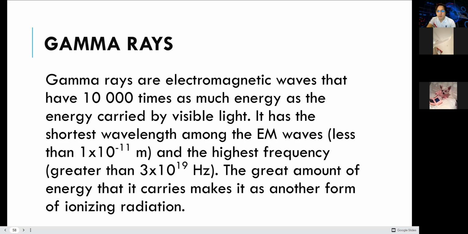The shortest wavelength among the EM waves, less than 1 by 10 raised to negative 11 meters, and the highest frequency, okay, which is greater than 3 times 10 raised to the power of 19 hertz. The great amount of energy that it carries makes it another form of ionizing radiation.